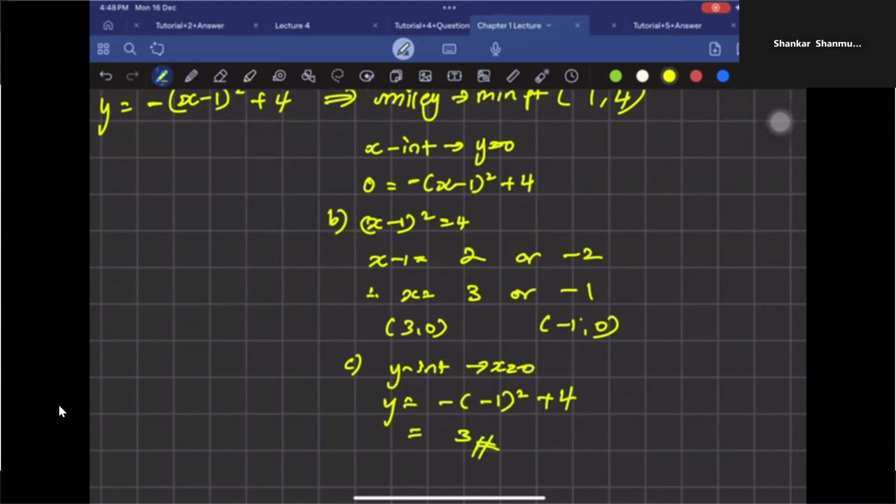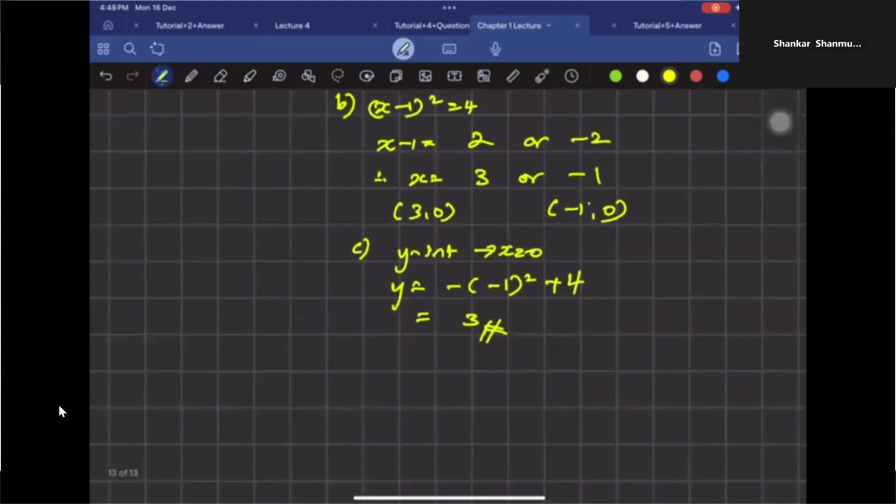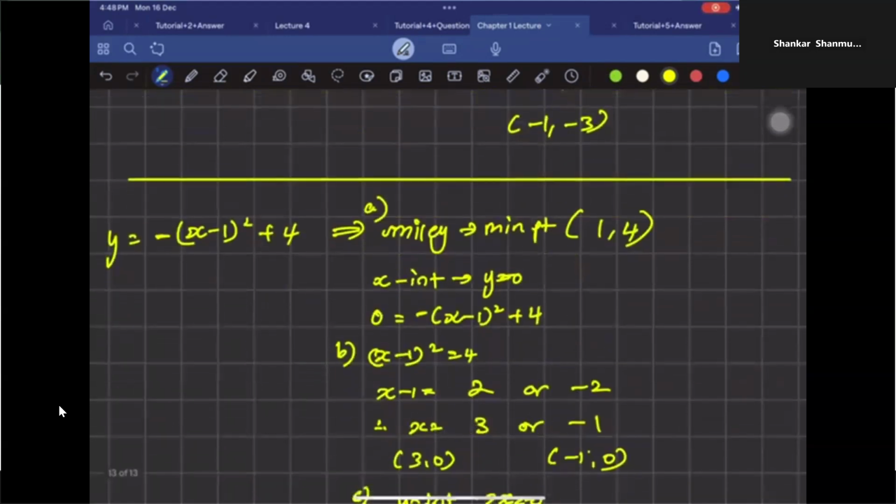Okay? So once you have all these values, you just have to sketch. Oh yeah, since there's a negative, it's actually a frowning graph, okay? It's not a smiley face graph. Okay, do take note, okay?